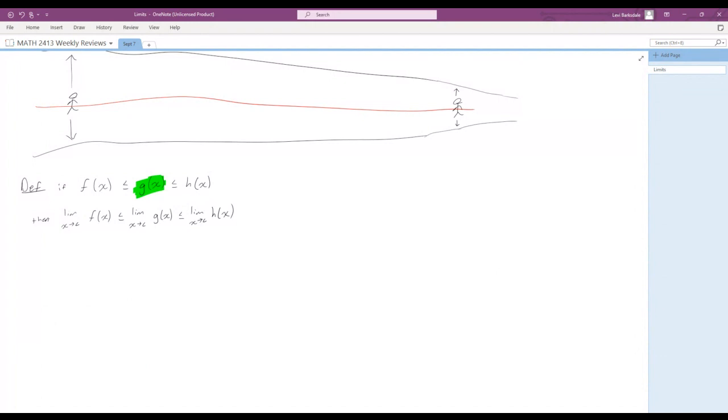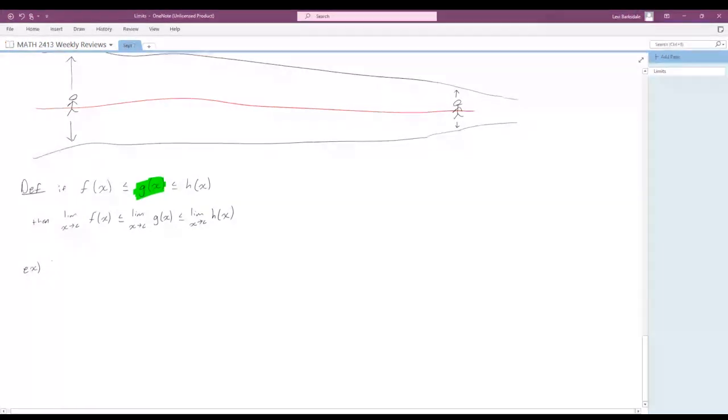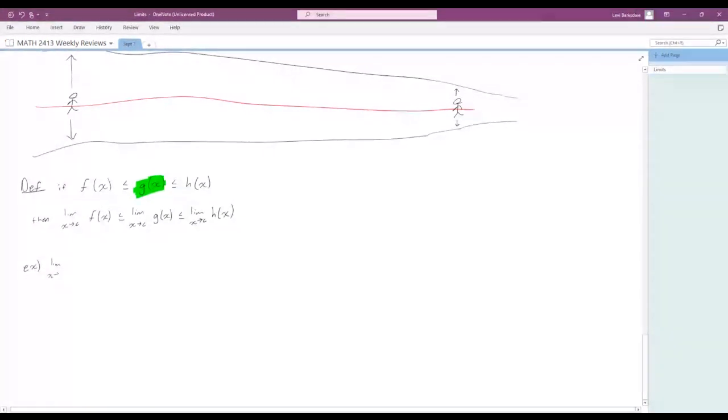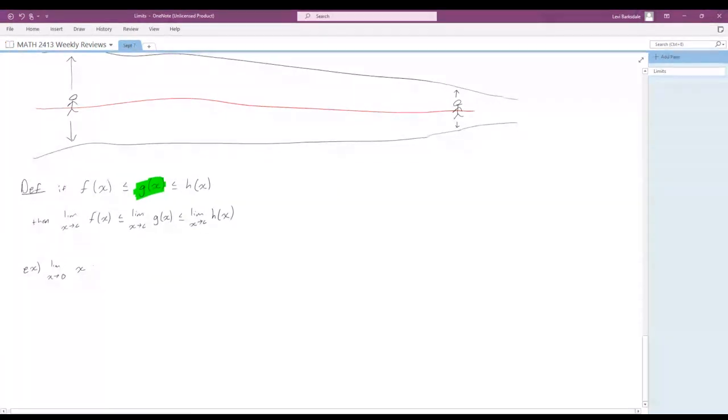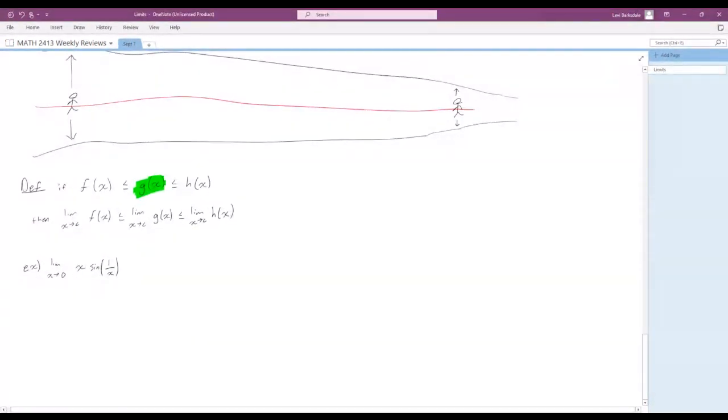So let's see how this is actually useful. We'll take the limit as x approaches 0 of, again, another pretty classic example, x sine of 1 over x. Here's the thing.